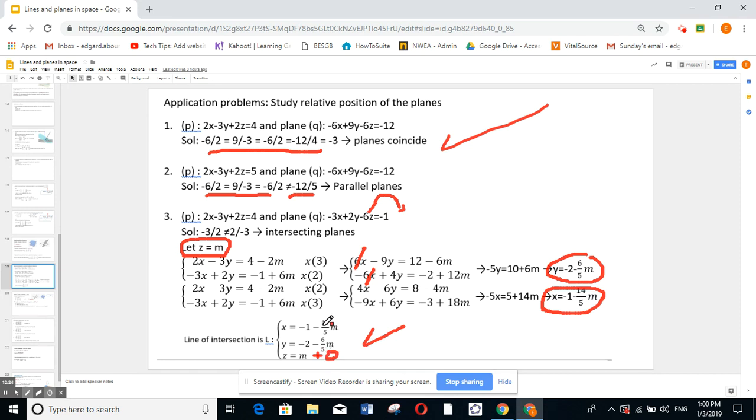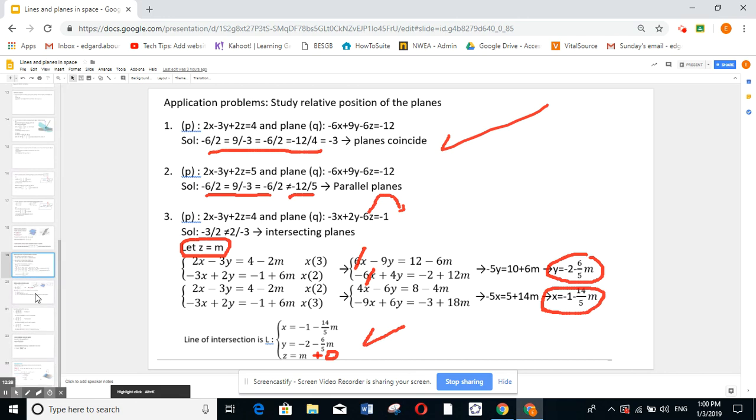And this is the directing vector of the line of intersection: minus 14 over 5, minus 6 over 5, and 1. So this is the way to find the intersection between two planes.